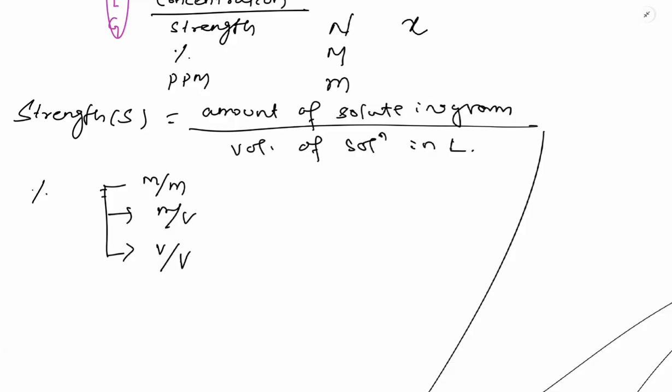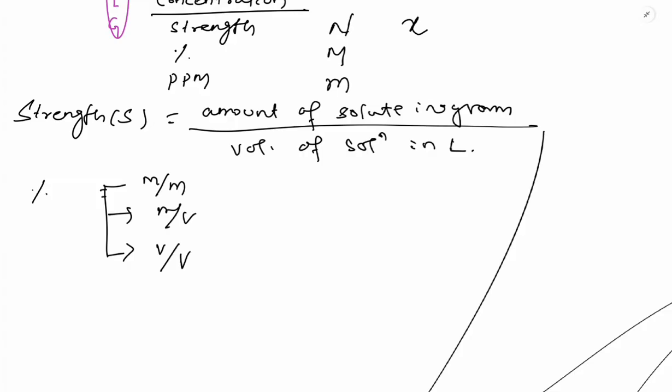In maximum cases, more than 90%, it will be solution. Very rarely we use solvent as a concentration term. And there are so many formulas for concentration which may or may not depend upon temperature.